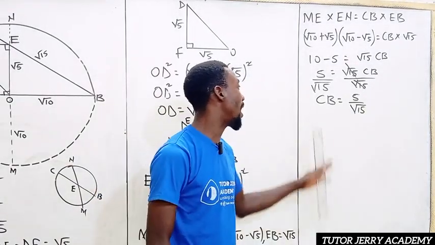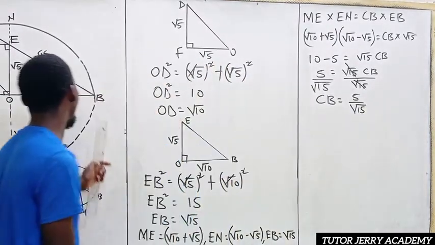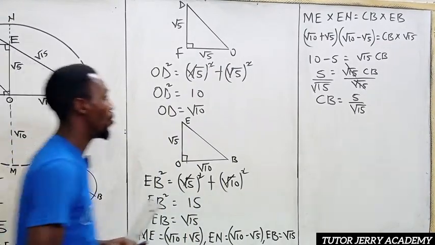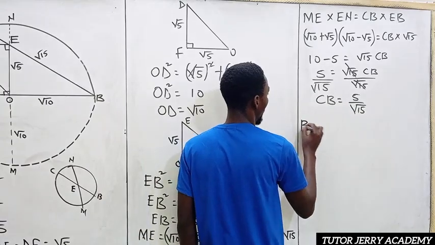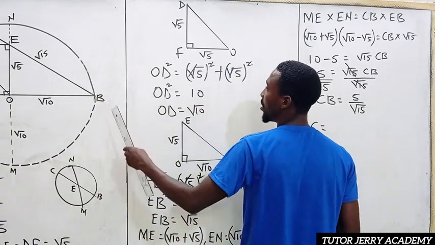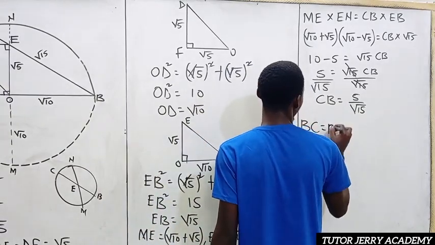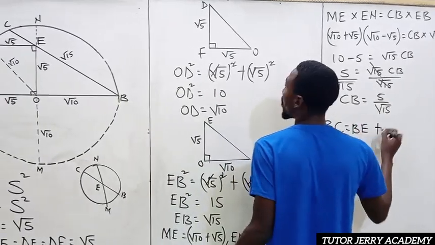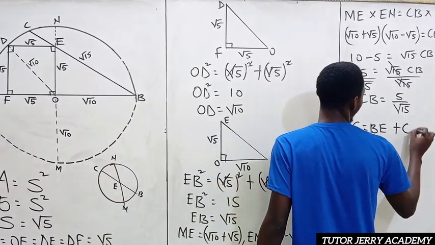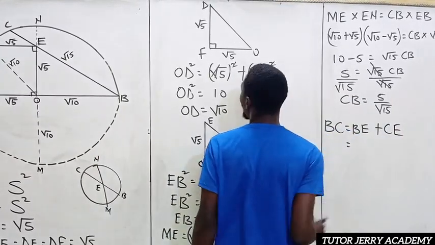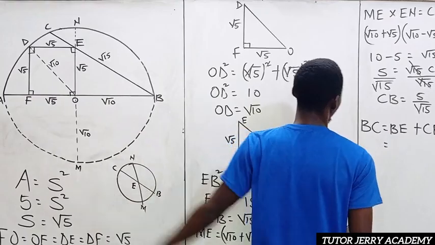So now that we have gotten our CE, we can now find BC. BC is going to be equal to BE plus CE. What is our BE? Our BE is root 15.